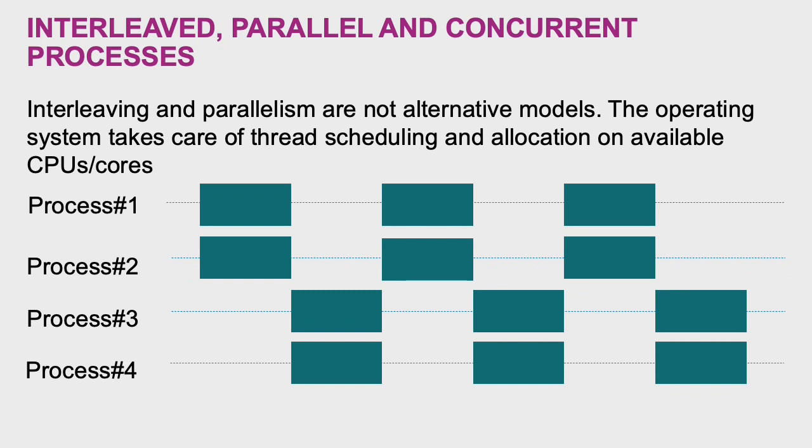As you can see in the figure, processes 1 and 2 are executing in parallel, and their execution is interleaved with the execution of processes 3 and 4. It's up to the operating system to take care of process scheduling and allocation on available CPUs or CPU cores.